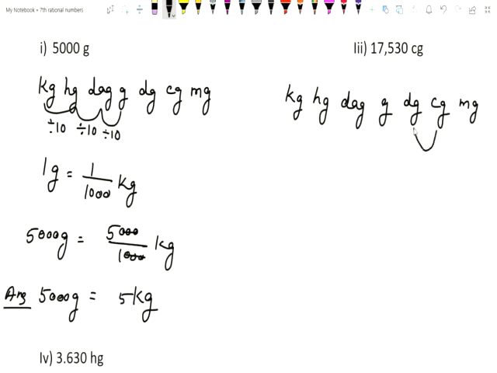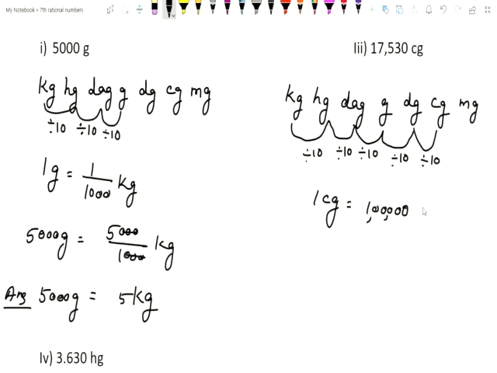So 1, 2, 3, 4, 5 steps. Each step we have to divide by 10. So 1 centigram equals 1, 2, 5 zeros, 1 lakh kilogram.